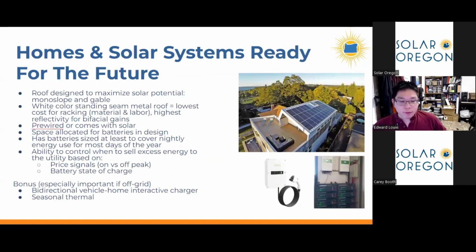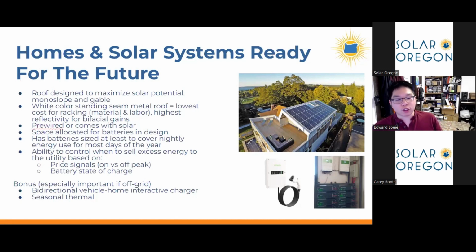On the topic of roofs, how do we have roofs that are really friendly for solar? I think that having monoslope or monopitch roofs, also called shed roofs, is a really good way to design roofs. Short of a monoslope roof, gable roofs will be the next best thing. If you can have the roofs be white, that helps you make the most use of your bifacial solar panels, the bifacial gain.